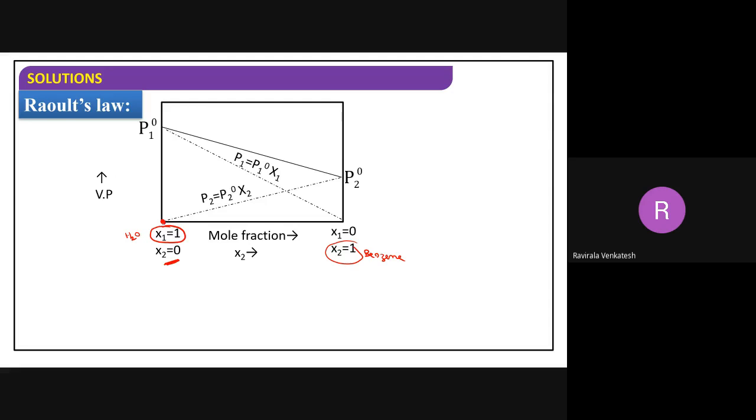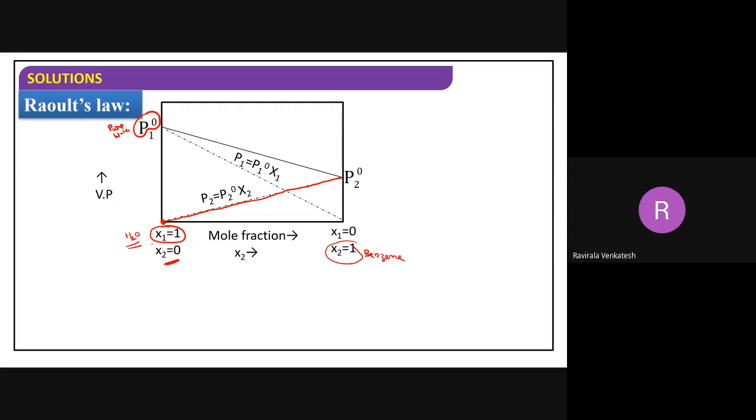The pressure of water I have taken as P naught, because it is the pressure of pure water. Now from here to here, what you are doing, beta, is mixing benzene. You are mixing in the benzene.